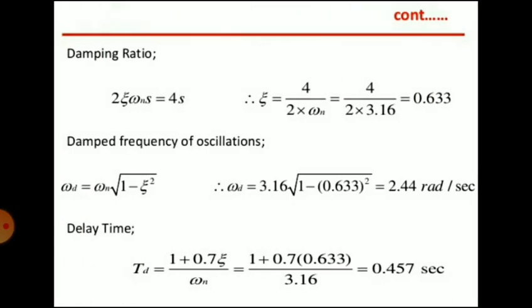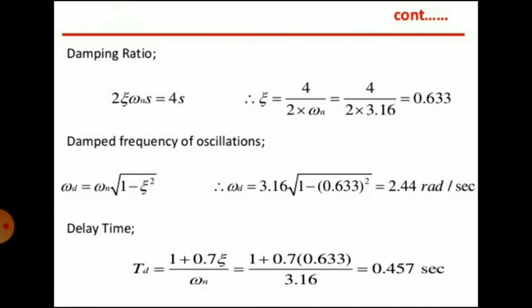After solving, you will get zeta equal to 4 upon 2 into omega n, which is 0.633. Damped frequency of oscillations omega d: this is the formula to find it. So omega d is equal to omega n under root 1 minus zeta square.